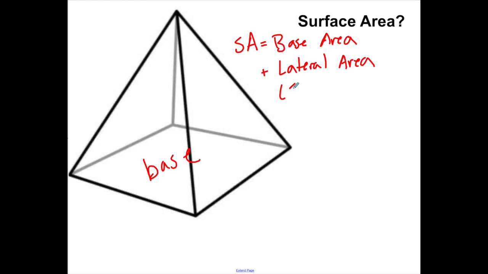And when you think lateral, think side, like in football when they do a lateral pass, it goes to the side, right? So the 4 sides. Now, if all 4 sides are congruent, then it's just a matter of finding the area of one and multiplying it by 4. Because there's so much variability, I'm going to do an example later on to show you how to find the surface area.